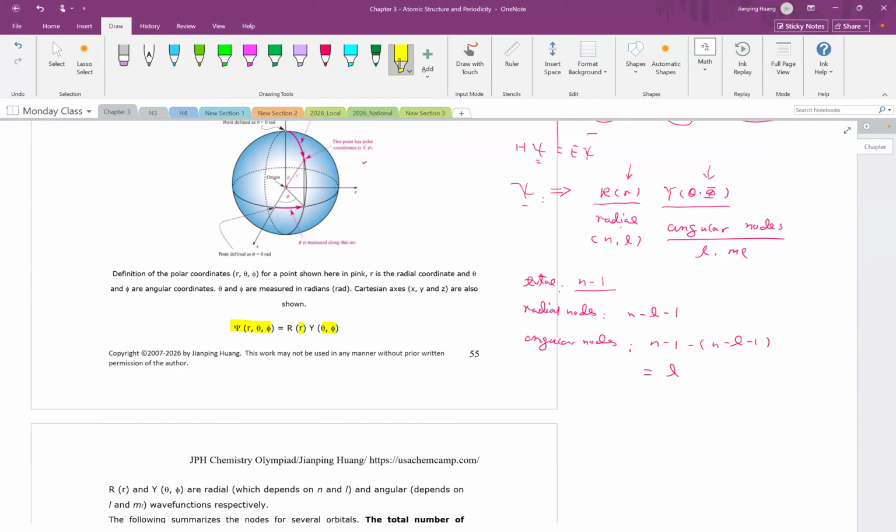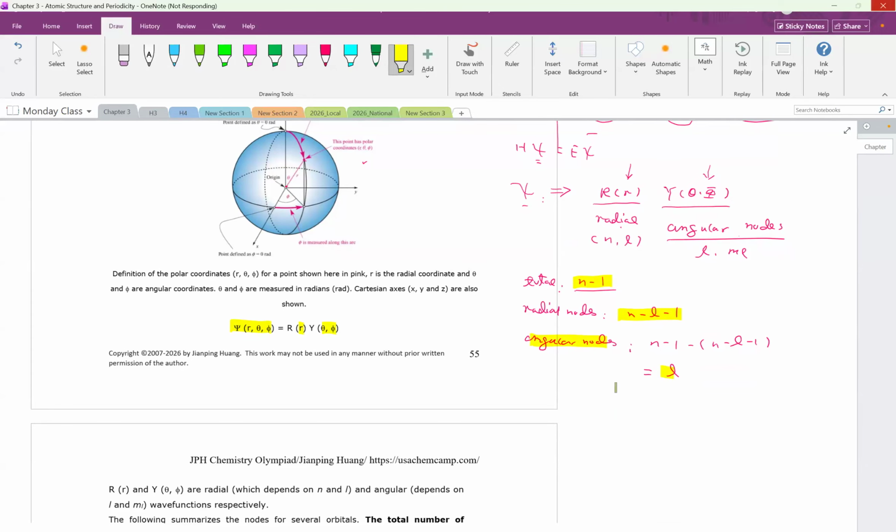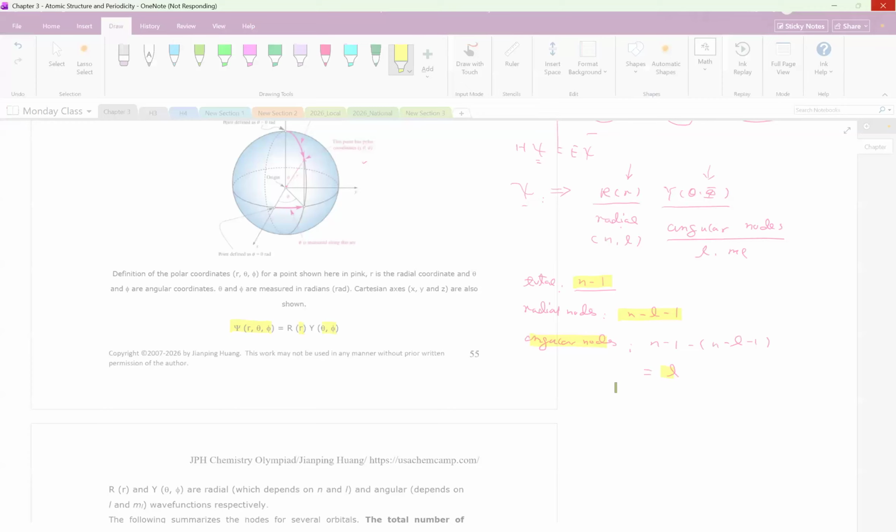So the total nodes is n minus 1, radial nodes is n minus L minus 1, and the angular nodes is L. Any question, please? No? Now let's move on.